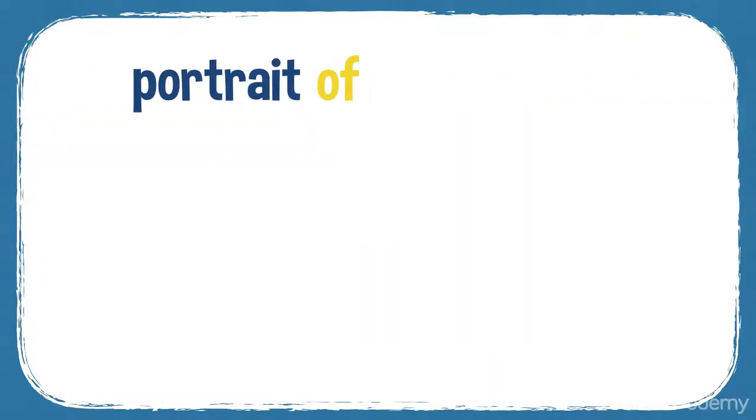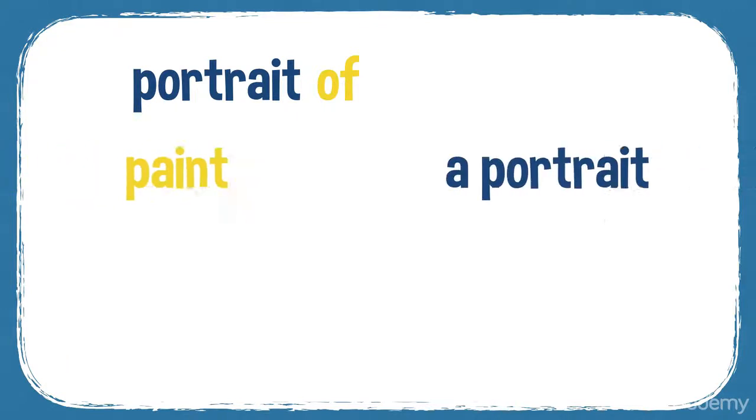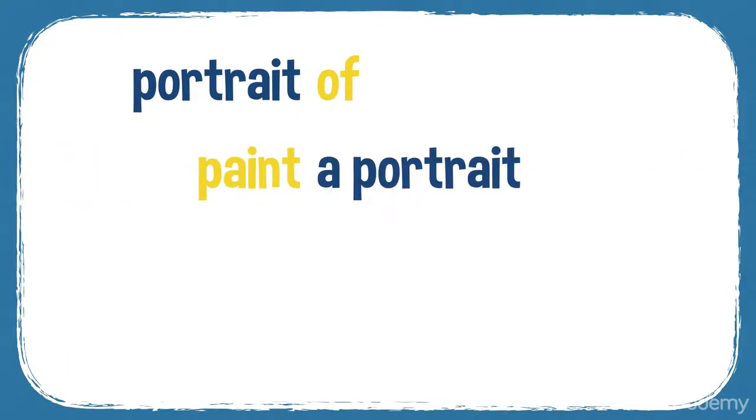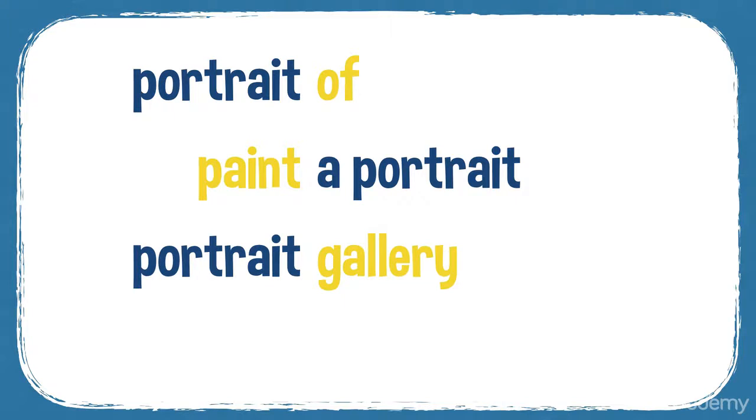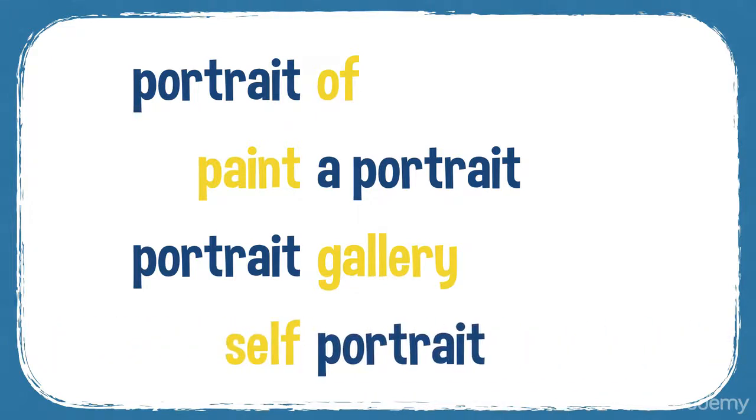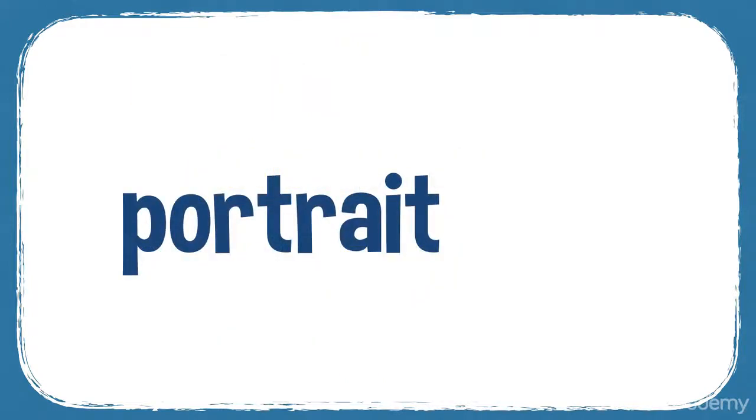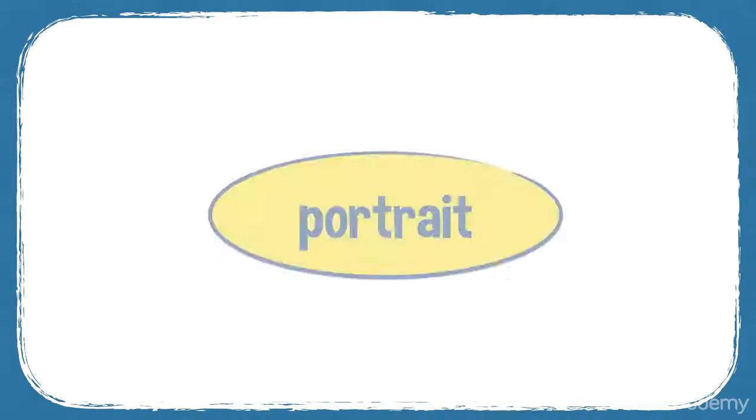Some typical collocations: portrait of. You can paint a portrait. You often find portraits in a portrait gallery. So an art gallery that has lots of portraits is a portrait gallery, and you can make a self-portrait. And it's a noun, you can turn it into portraits, of course.